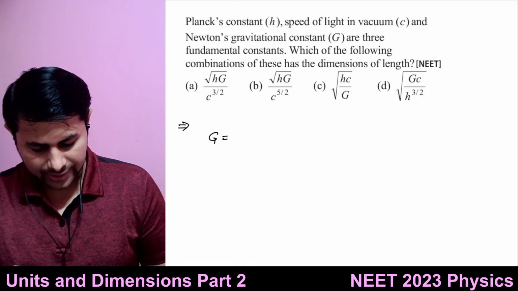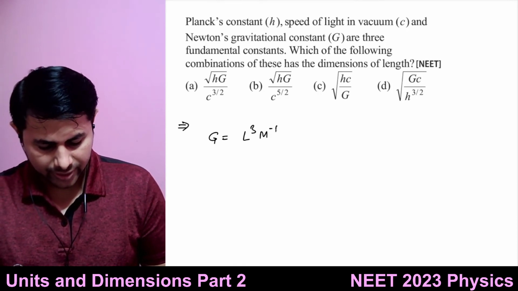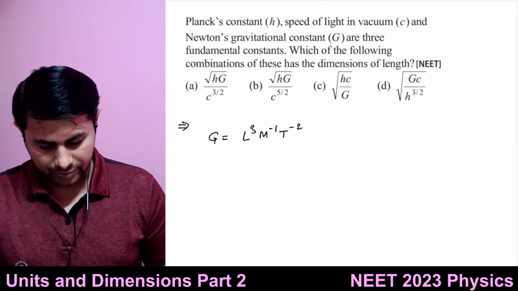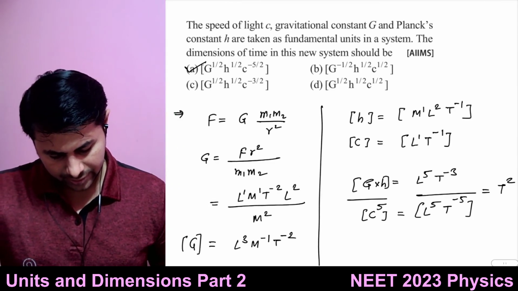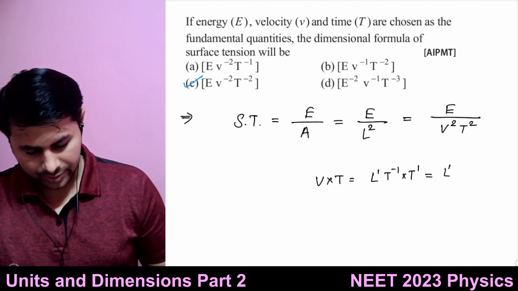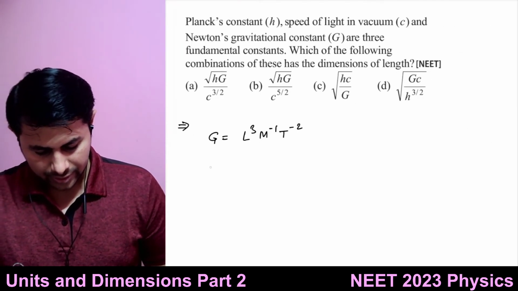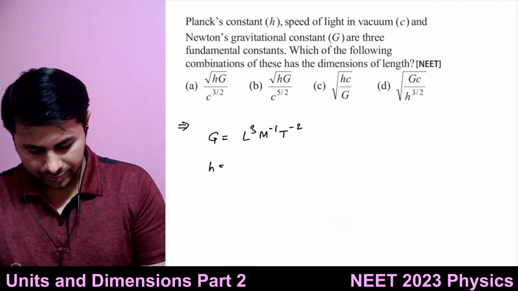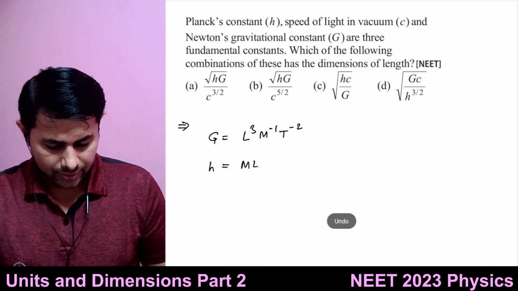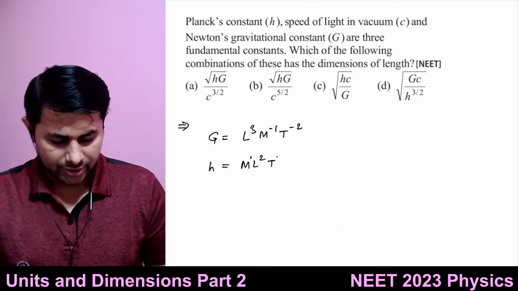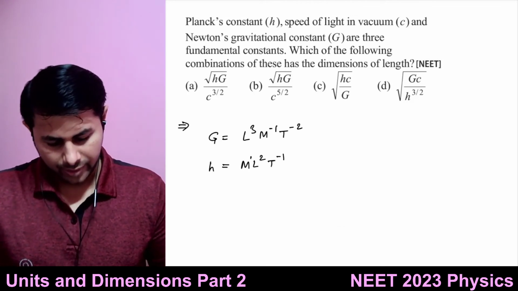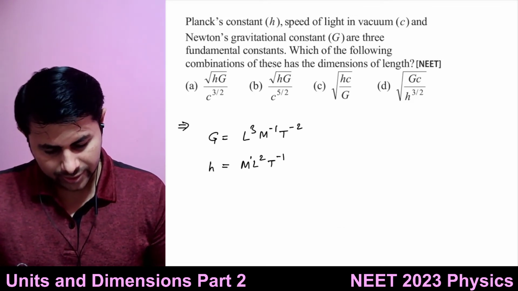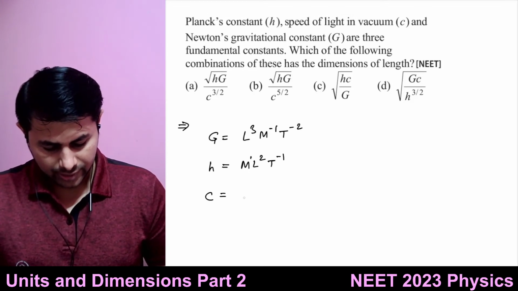G has dimensions of L3 M minus 1 T raised to minus 2. H is equal to M L square T raised to minus 1, that is M1 L2 T raised to minus 1. And what else do we have? C. It is L1 T raised to minus 1.